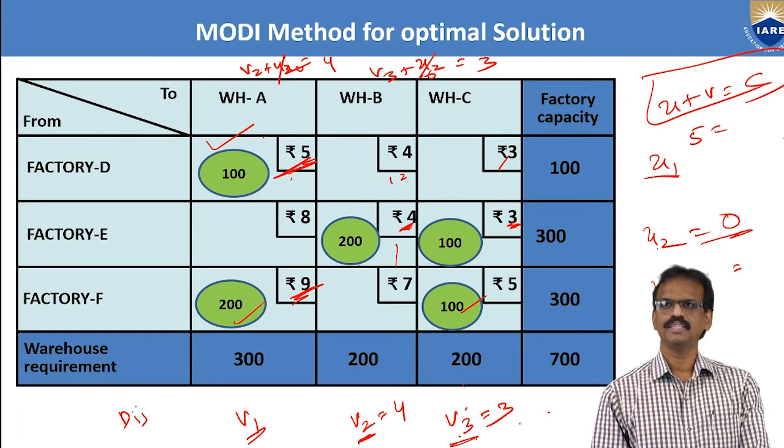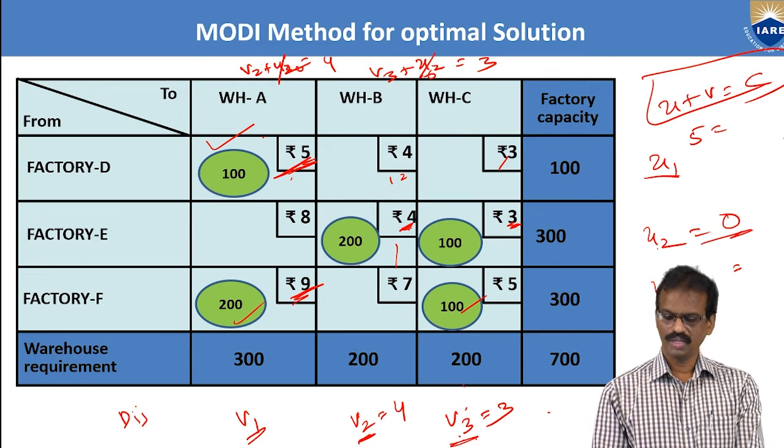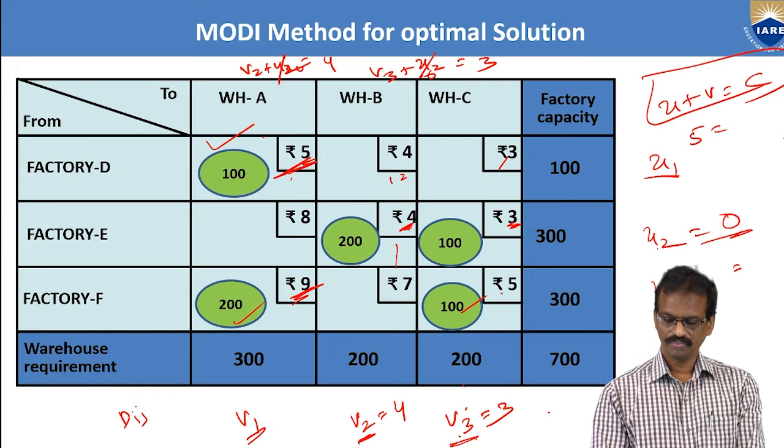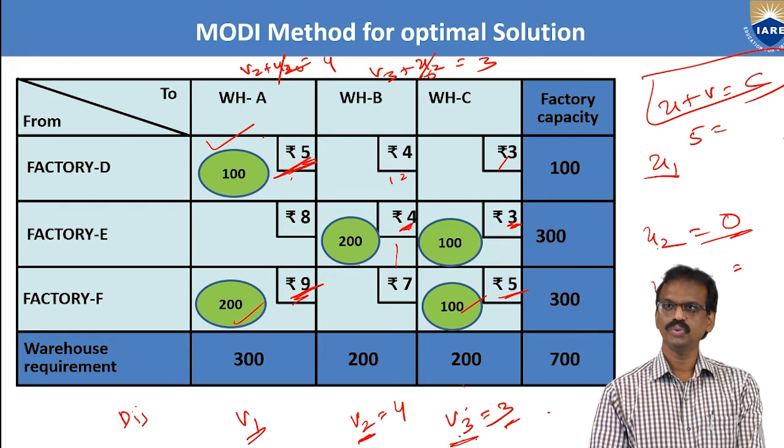Next, you can also find the u3 value, because for the 5 you know the v3 value but you don't know the u3 value.